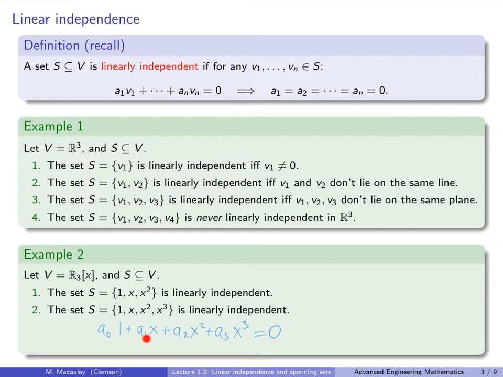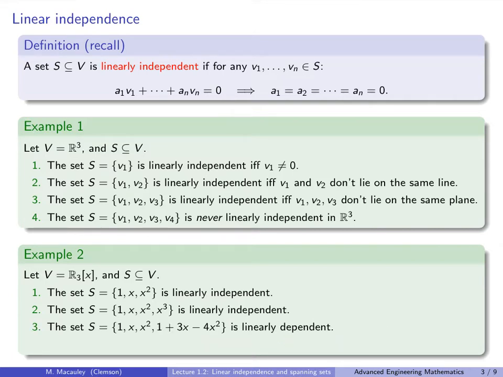You have to have these coefficients equal to 0. Otherwise, this polynomial, well, it may have some roots. It may be 0 in a few places, but it's not going to be the 0 polynomial. This polynomial is 0 everywhere. It's identically 0. So this can only happen if a naught and a1 and a2 and a3 are all 0. Therefore, this set is linearly independent.